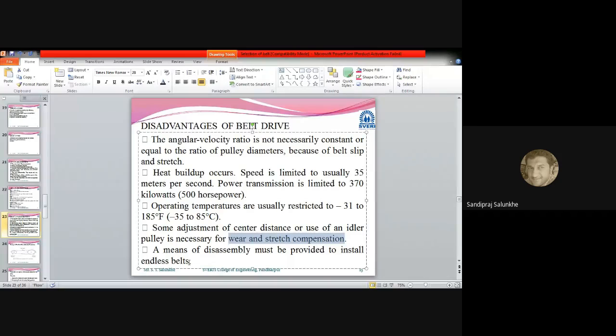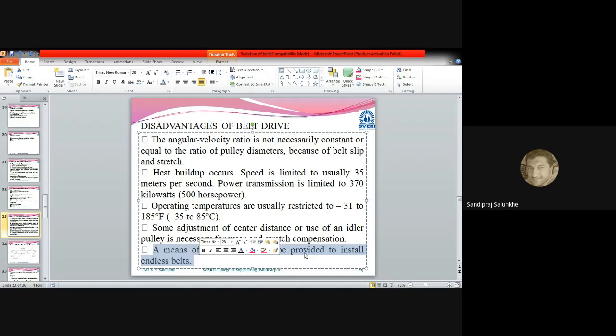Then a means of disassembly must be provided to install endless belts. You might have seen that when we use a new belt, this statement particularly suits V belt, multi-groove belt and timing belt. It requires disassembling the pulleys, and then only can we replace the belts.